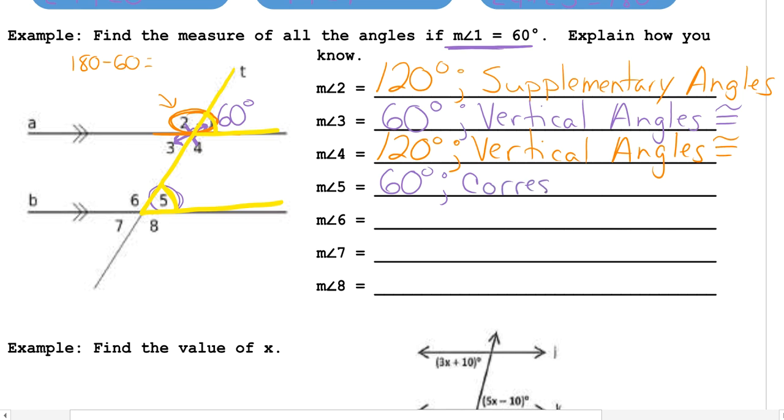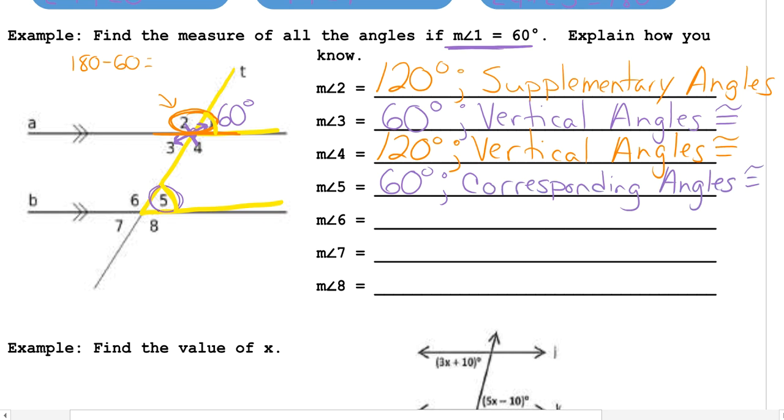So because of corresponding angles, and corresponding angles are congruent, which is why angle 1 and angle 5 are the same measurement. And then once I figure out 5, I can use alternate interior angles, I can use many different angle relationships.